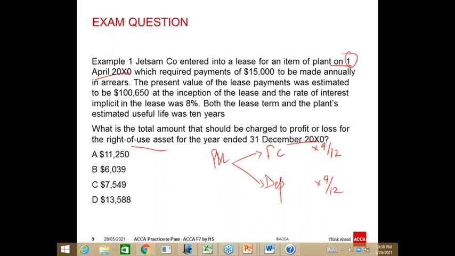We need to record the depreciation and the finance cost both.